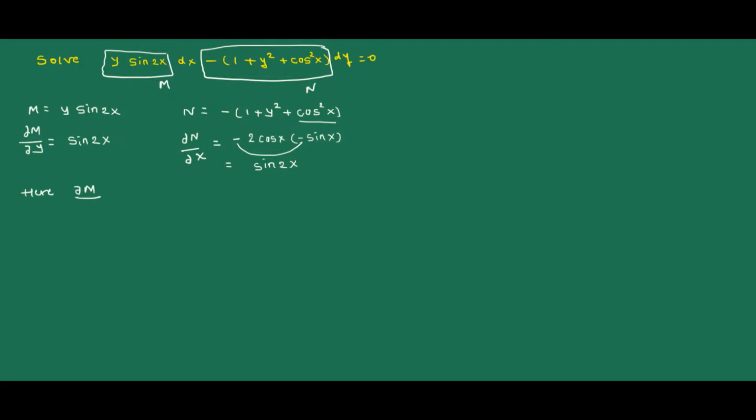Here dou M divided by dou y is equal to dou N divided by dou x.